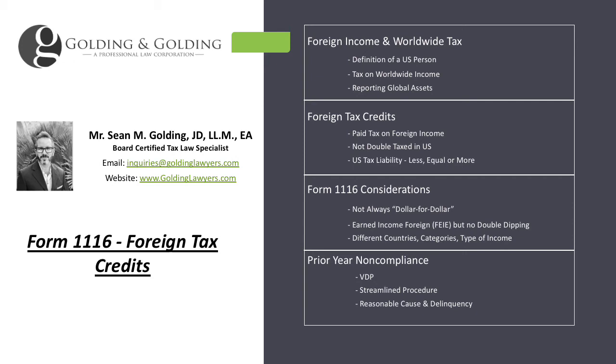Generally, foreign tax credits are not a high audit risk from the IRS unless you have high credits, which is normally more than $50,000. In that case, it ordinarily goes to the exam unit. Practice pointer to keep in mind, if you're doing things like streamlined and reasonable cause and delinquency, you'll read information, people are saying no one ever gets audited, okay?